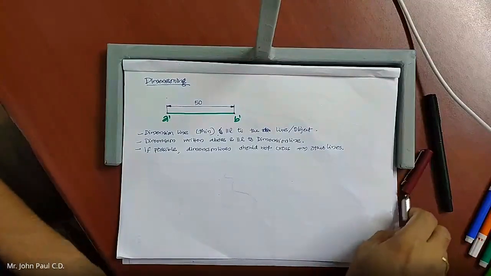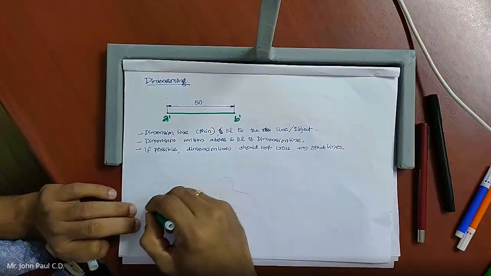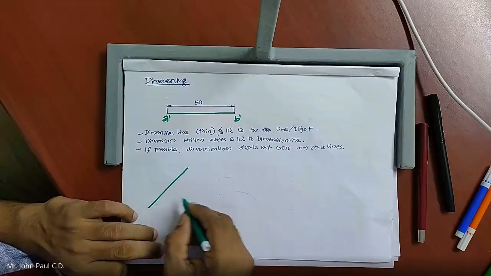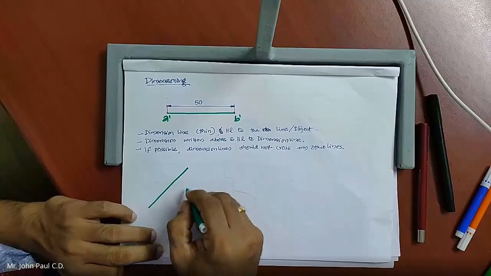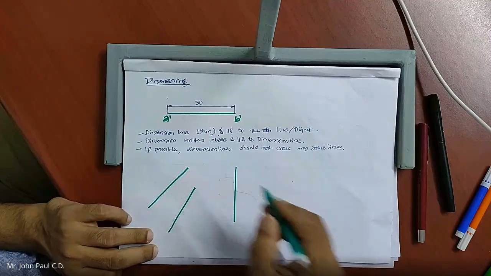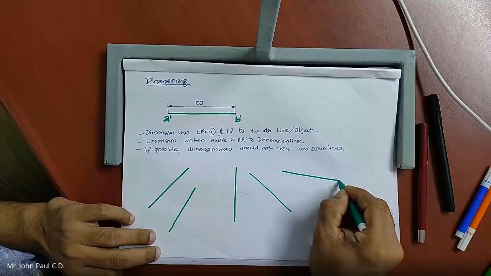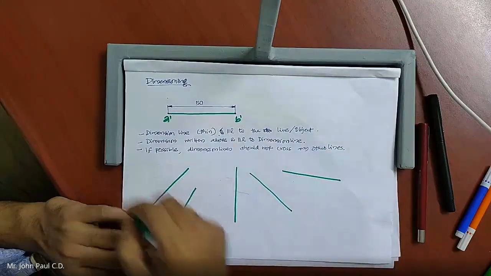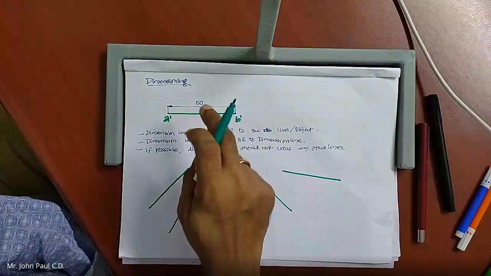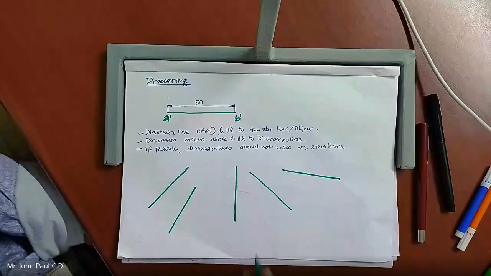So I will draw some dimension lines here. One line was like this. I have to mark the dimension of this one, and I have a dimension line like this. One dimension I should mark like this, and this. I think almost all angles have come here. Horizontal I mark here. I have vertical. It is inclined to the left, inclined to the right.